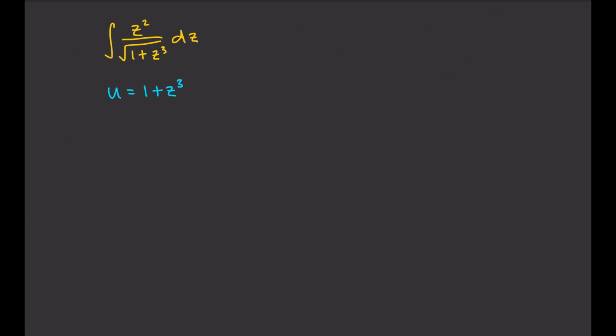Okay, and then we're gonna differentiate u with respect to z. So du over dz is 3z squared, or du is equal to 3z squared dz.